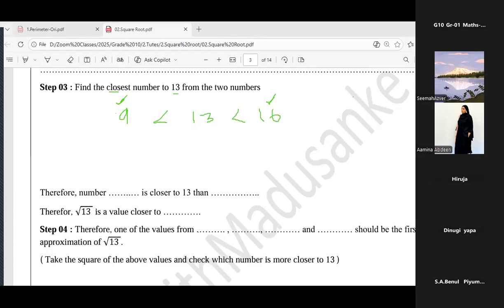Kavinsha, can you tell me how we are going to find the closest number to 13 when you have number 9 and number 16? Subtraction. Okay, subtract which two numbers?